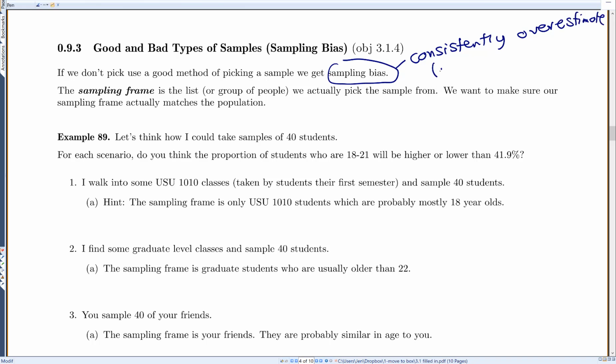Whichever one it is, we're going to consistently do the same thing. And that's bad. We don't want that. This is called sampling bias because it's based on what kind of sample we used.